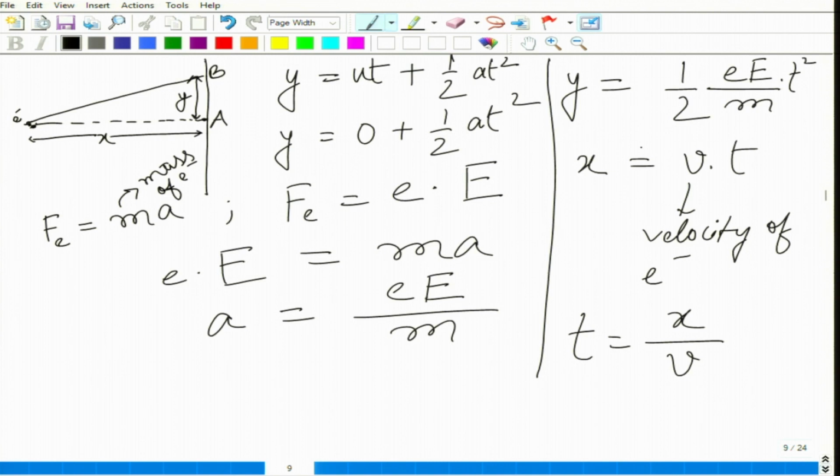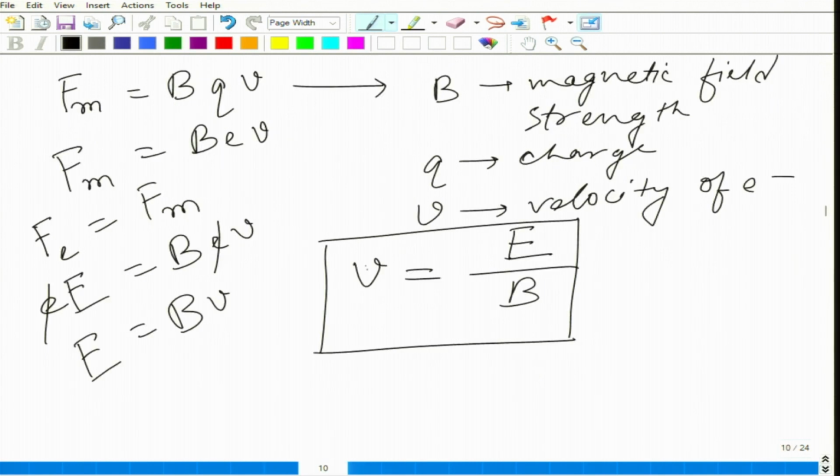Now in this formula, we got the value of a, we got the value of t, and from the previous formula we get the value of V also.